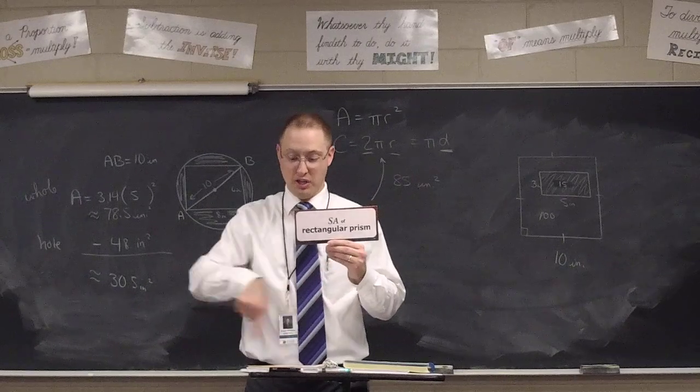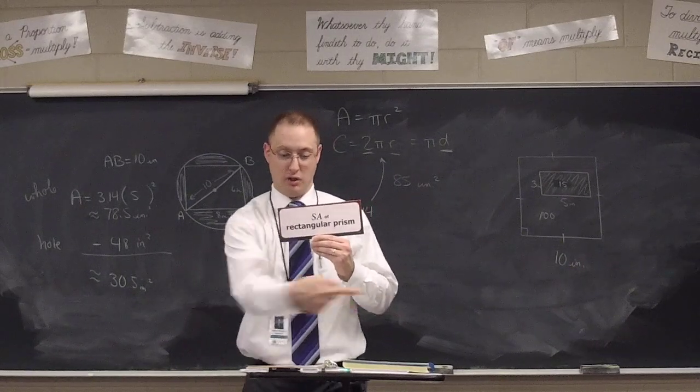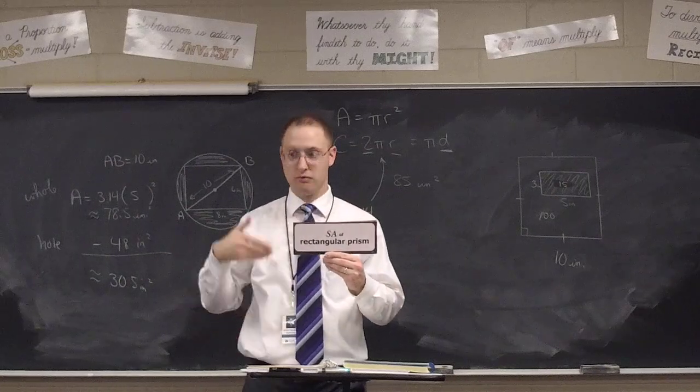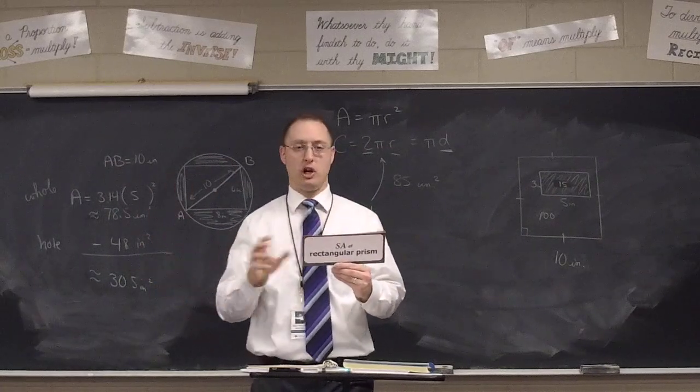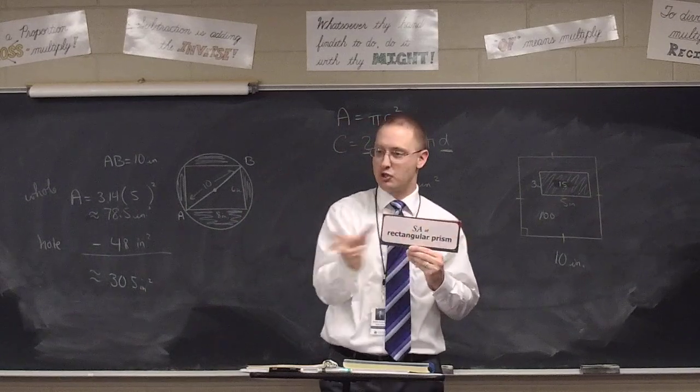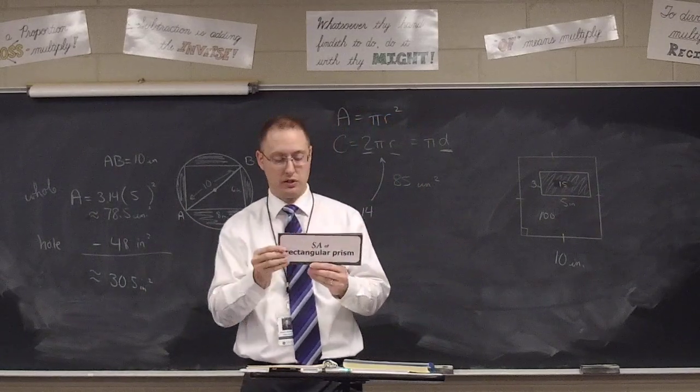There's a length and a width. There's a width and a height. There's a length and a height. But there's 2 of each kind. 2LW plus 2WH plus 2LH. And those could be in any order, right? Those terms could be commutative since addition's being used there.